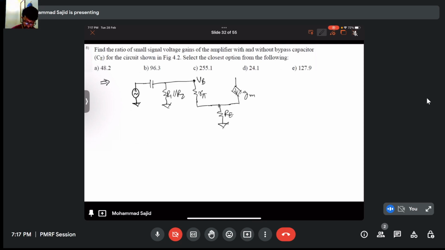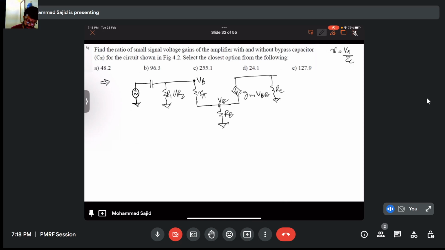This is VB, this is VE, this is VBE, and you have your RC. Early voltage is assumed very high, so you don't need to write r0, because r0 is VA by IC.